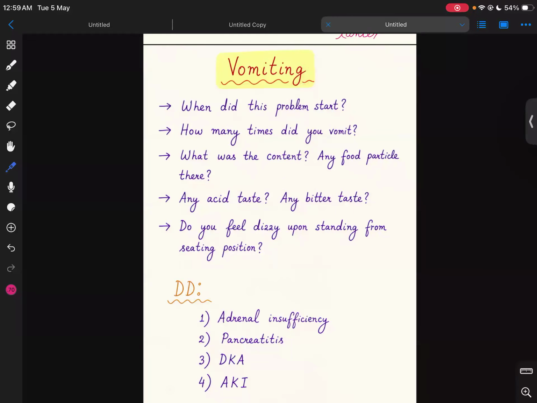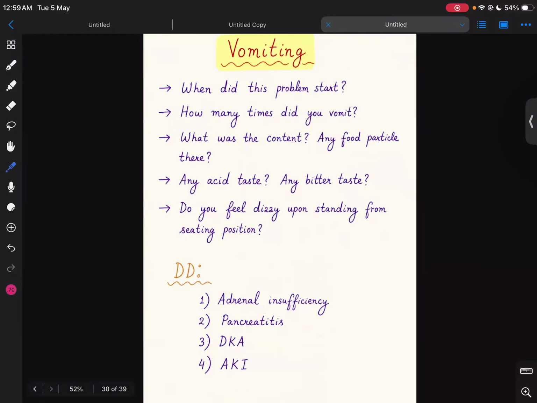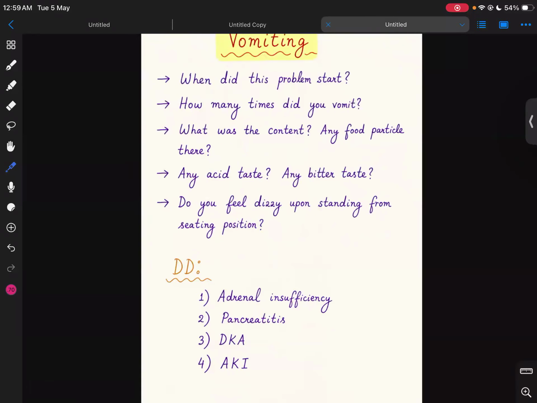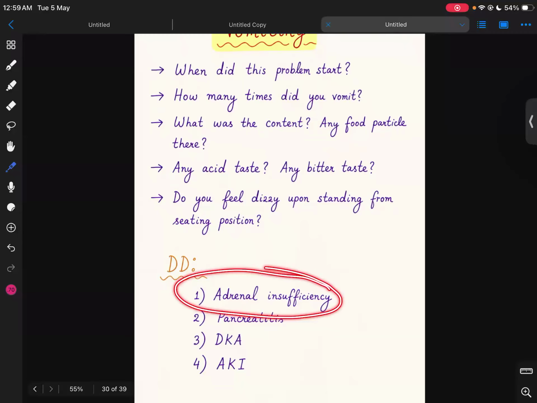But over the last 4 years of scenarios, I have identified particular differential diagnoses which come mostly under the prompt of vomiting. Mostly it is adrenal insufficiency. In 70% of the cases, I have noticed that vomiting comes with the diagnosis of adrenal insufficiency.